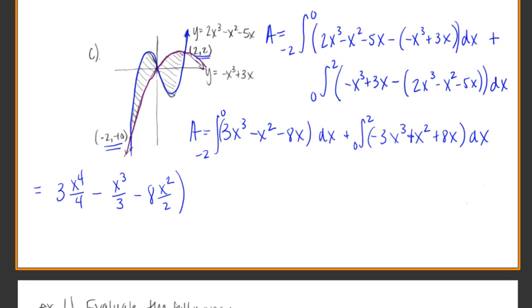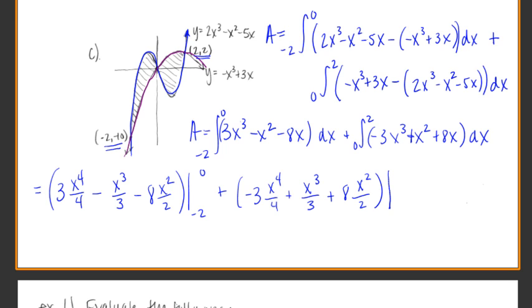Okay, so each of these is going to be evaluated from negative 2 to 0. Plus, we have negative 3 times x to the 4th over 4, plus x cubed over 3, and then plus 8 times x squared over 2, evaluated from 0 to 2.